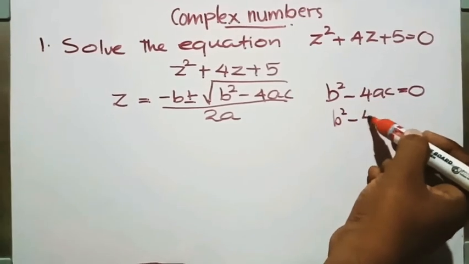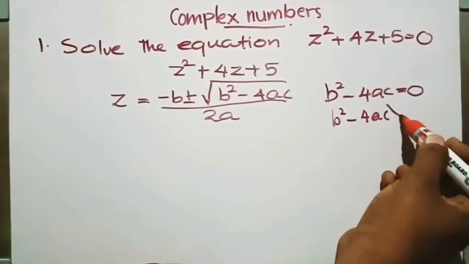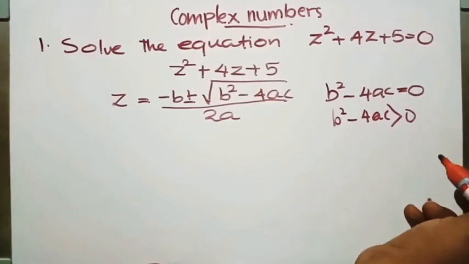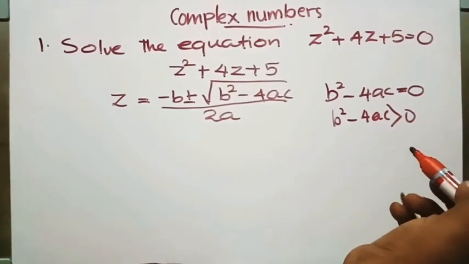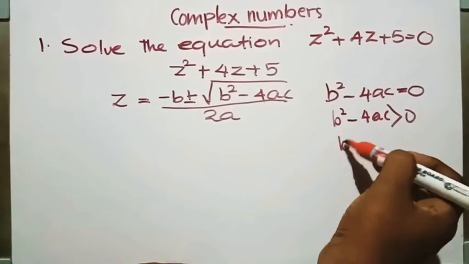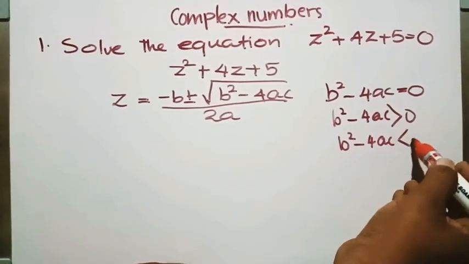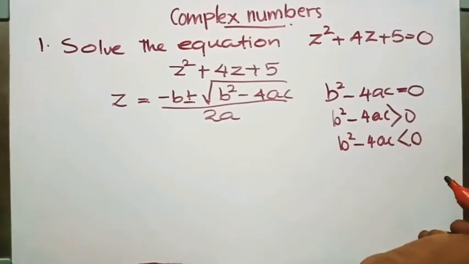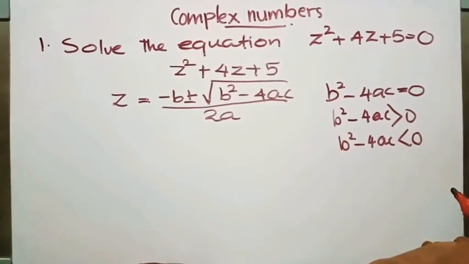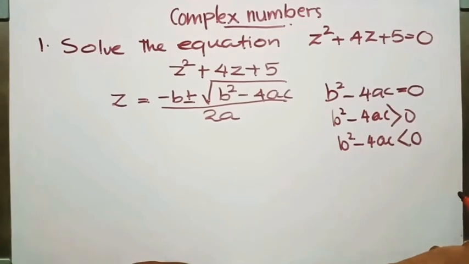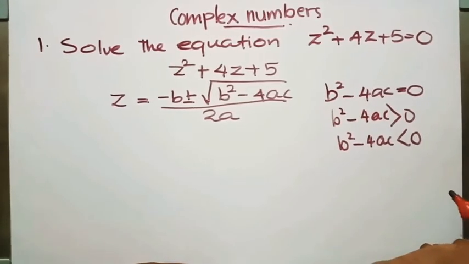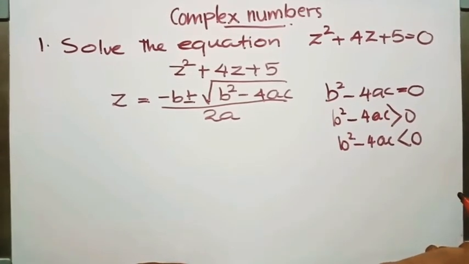If b squared minus 4ac is greater than 0, then roots are real and distinct. And if b squared minus 4ac is less than 0, roots are not real. That means roots are imaginary or complex roots.